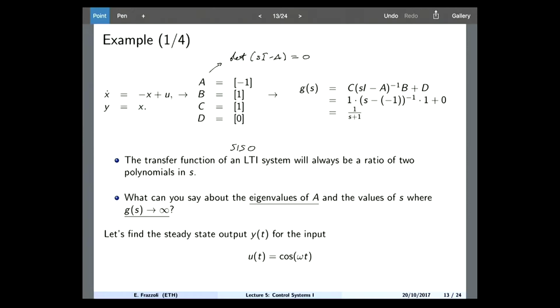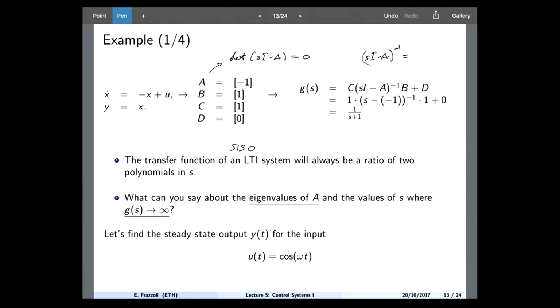Okay, now when I want to compute the inverse of sI minus A, how do I compute this matrix? Ask MATLAB, right? If you had to do the calculation by hand, how would you do it?